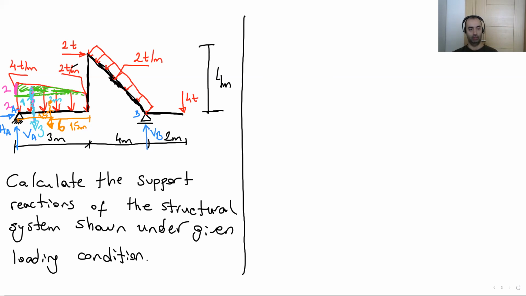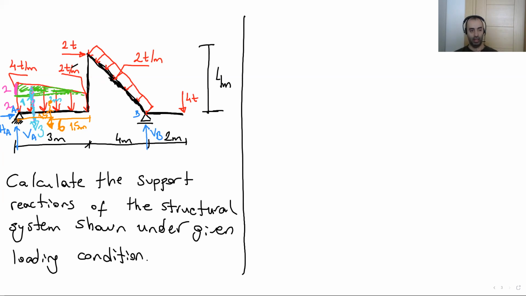Okay, I assume you fully understand what we did here, and it's really basic. Calculate the area, that gives the magnitude. Find the center of gravity point of that shape and put the concentrated load at that location. This is the general rule for distributed loads.